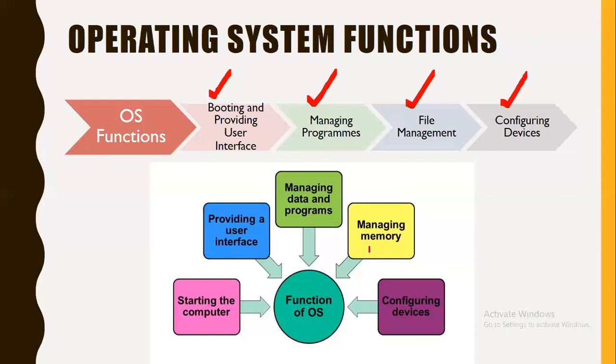Sometimes you might have noticed that whenever you try to save a file, it checks for the available space. If the space is available, then it will store the file, and if sufficient space is not available, it will give you some type of error message that the disk is full. So all of these types of tasks are to be performed by the operating system.